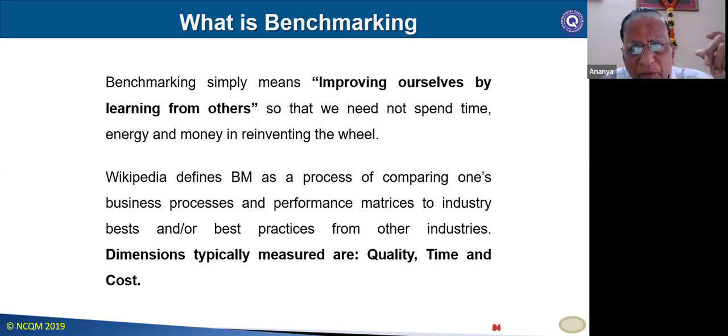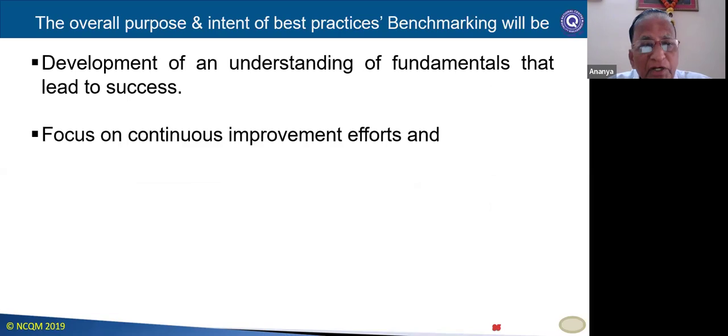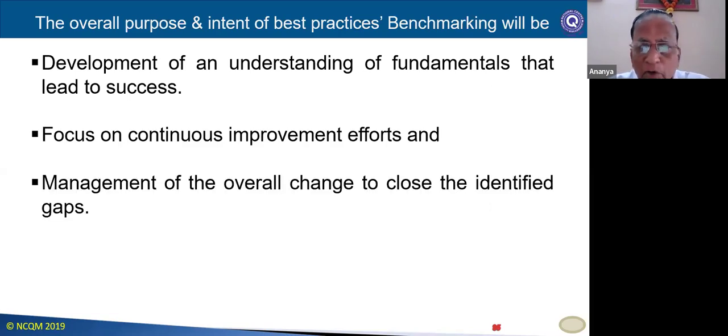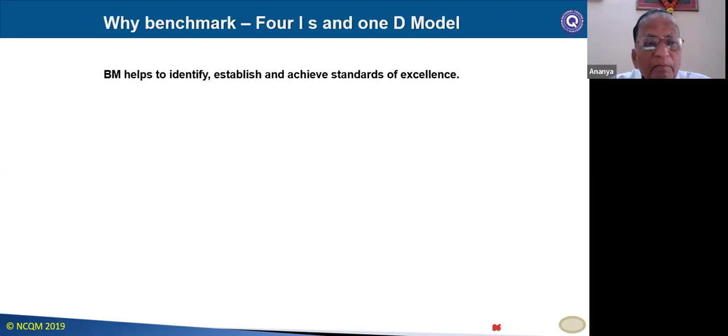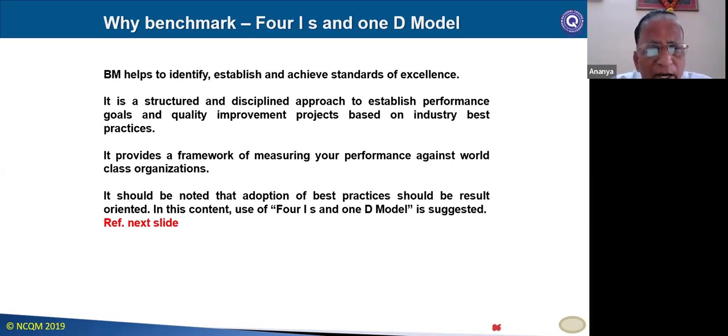We can take an end product, a process, or a full product, so benchmarking can be different things. We will come to that example. Development of an understanding of fundamentals leads to success, with a focus on continuous improvement and management of overall change to close the gaps. If you can read it here, I want to show that slide.